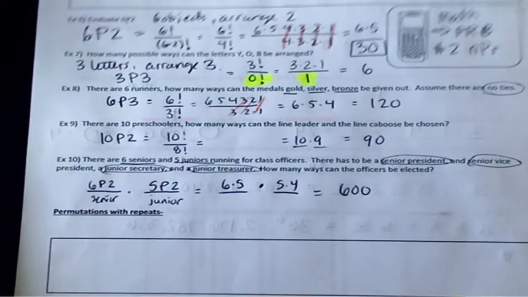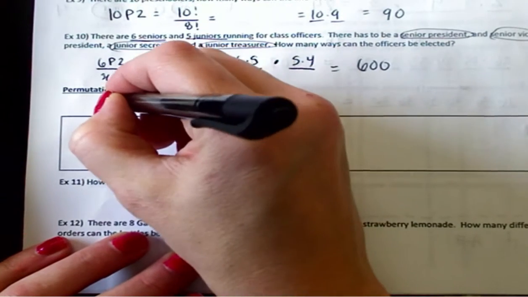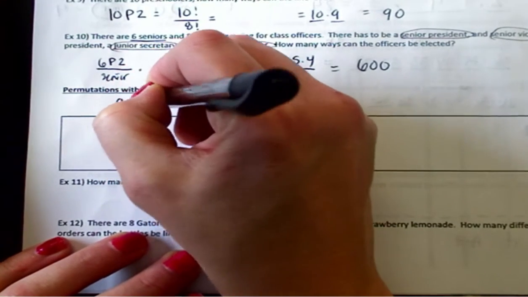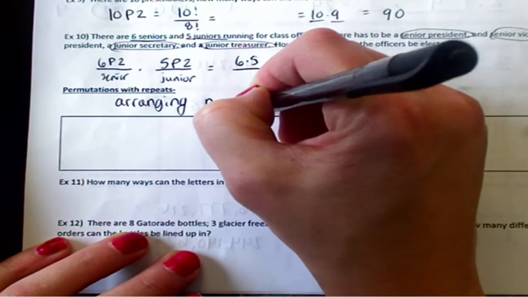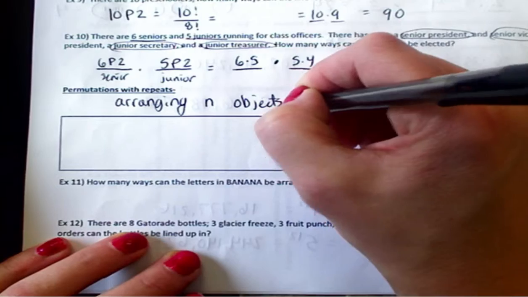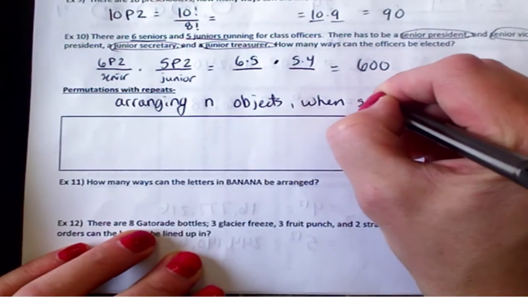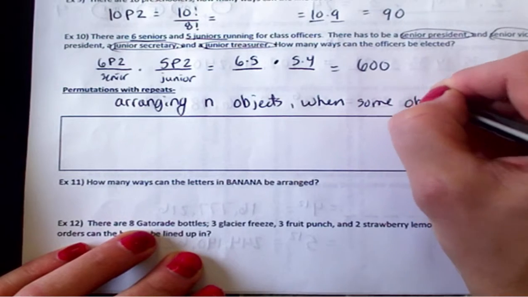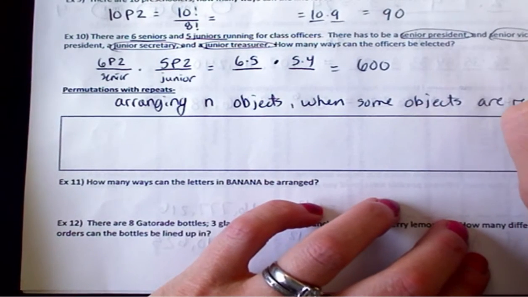All right, last part of permutations right here: arranging n objects when some objects are repeated.